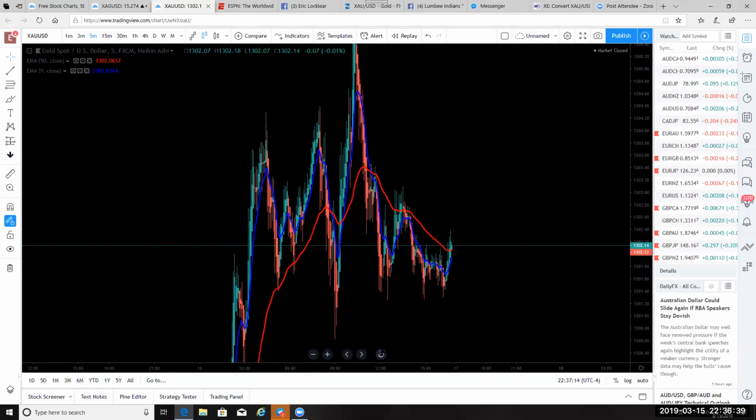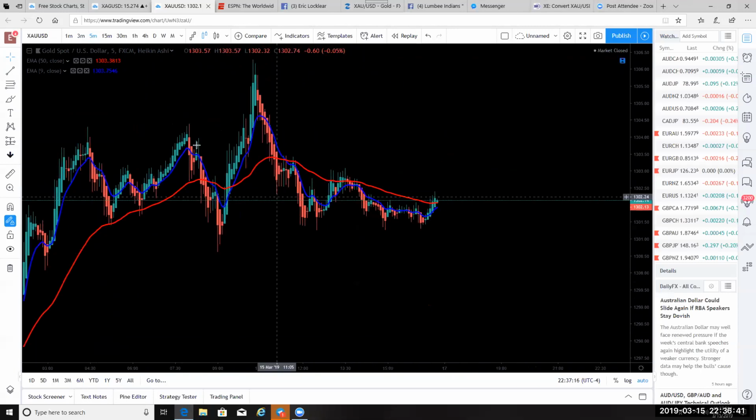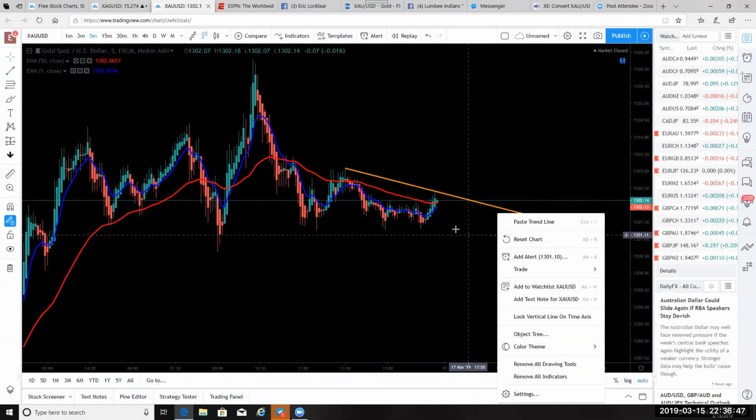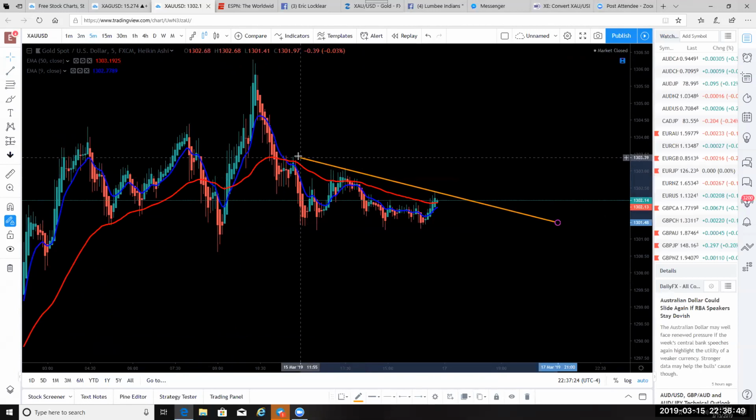So what I'll do is on the 5 minute, I'm gonna take and mark this, and all I'm gonna do is wait for it to cross this trend line. When this crosses this trend line, I'm in.